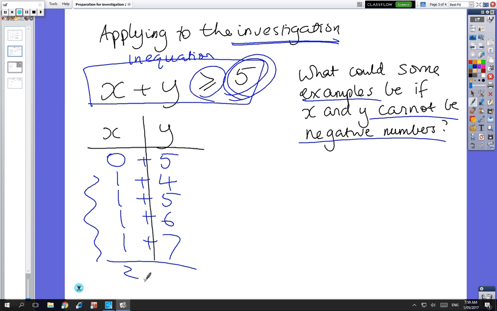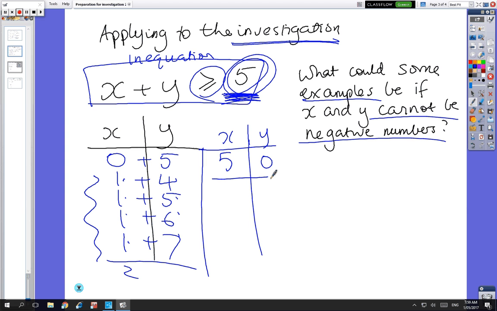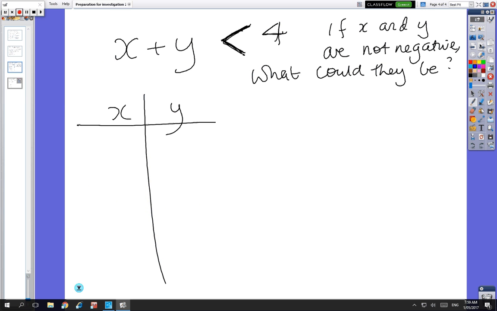So in practical terms, this is vague, but in the question that you'll get, you won't have an infinite number of solutions. But that's just an example that just by using the number 1, you've got an infinite number of solutions. And like for instance, just to prove it, y could be 0 and x could be 5, and that would still give you a value bigger than 5. Okay, so copy that and come across.